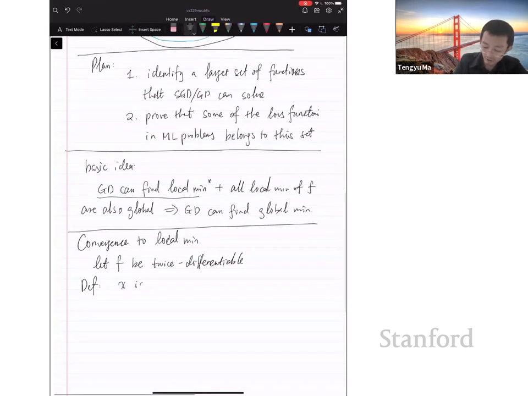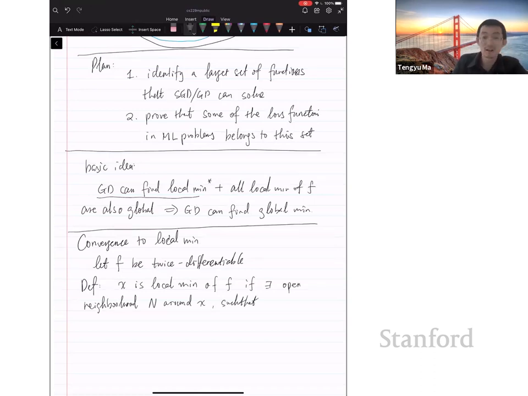And what's the definition of a local minimum? I guess you have seen this in calculus class, right? X is a local min of the function F if there exists an open neighborhood, let's call it N, around X such that in this neighborhood N, the function values, all the function values in neighborhood N are at least f(x).